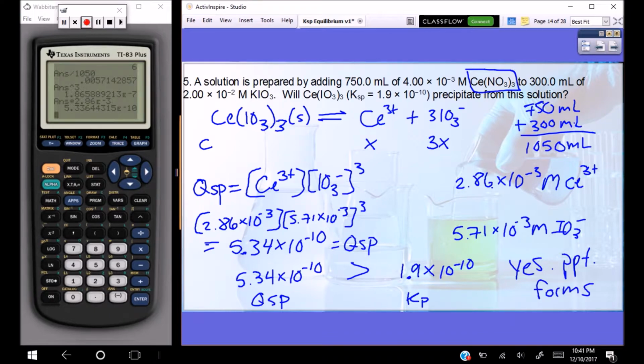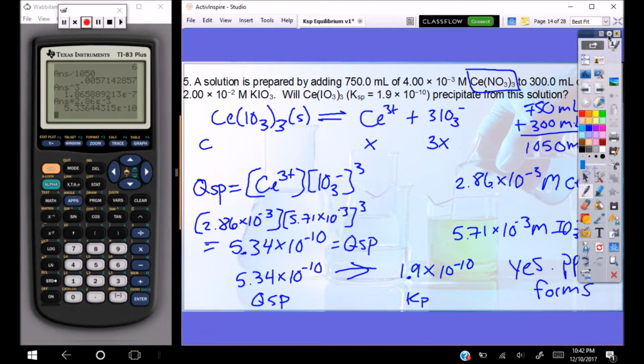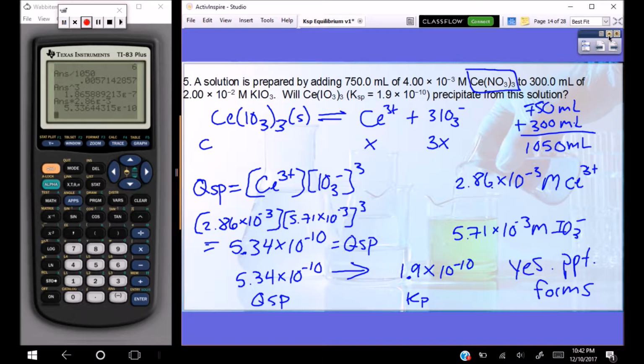And if you think about it, we're going to shift back to make my solid. So we're going to shift away from whatever reactant concentrations we have, and we'll make my solid that way.